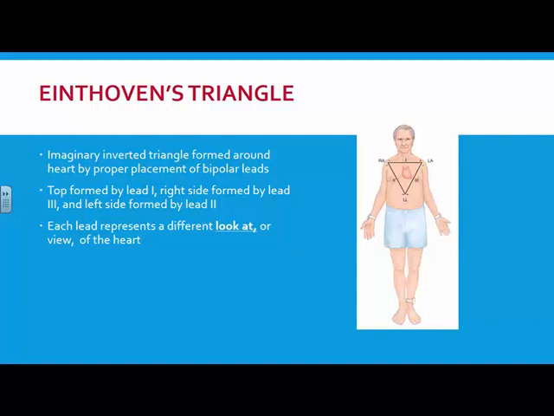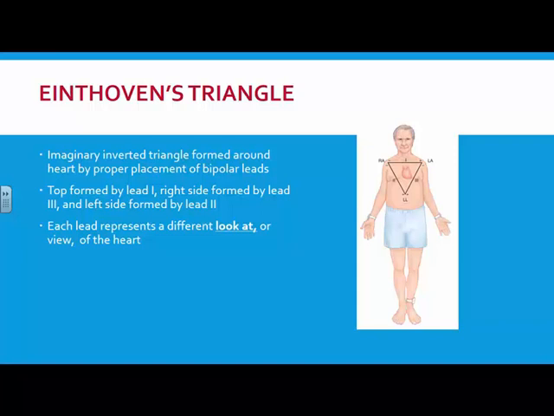If I were a patient and I were measuring Einthoven's triangle, leads 1, 2, 3, and you think of your heart right here, essentially what we're doing is looking at the electrical axis in lead 1 from right to left, okay? What we're looking at is the electrical axis in lead 2 from right arm to left leg.